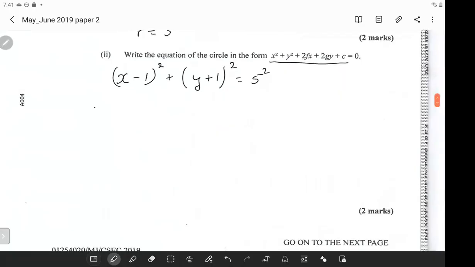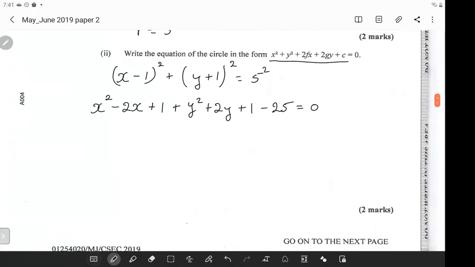So we get x squared minus 2x plus 1. You should have a lot of practice with squaring binomials. Plus y squared plus 2y plus 1. And then we could bring across the 25, so you have minus 25, and that is equal to 0.